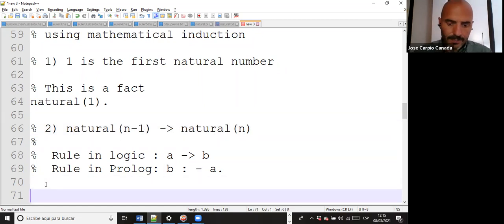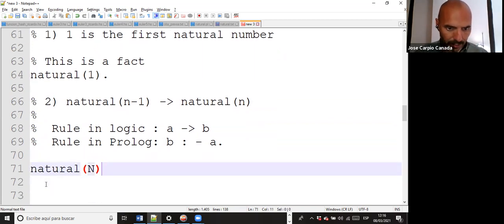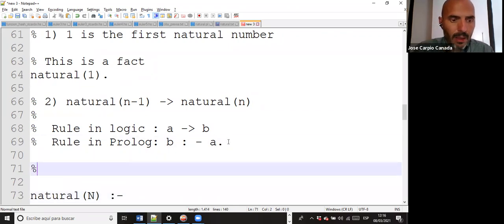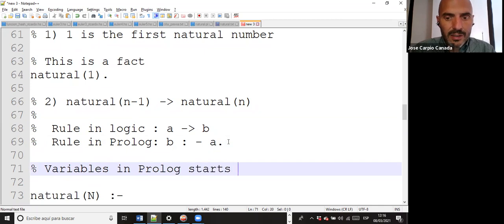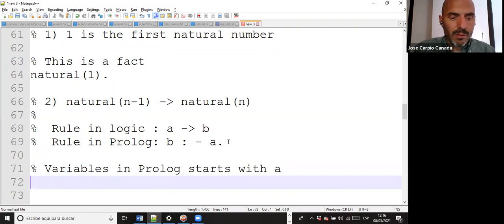How do we say that? Natural(n). Variables in Prolog start with a capital letter. That's important too. Variables in Prolog start with a capital letter.